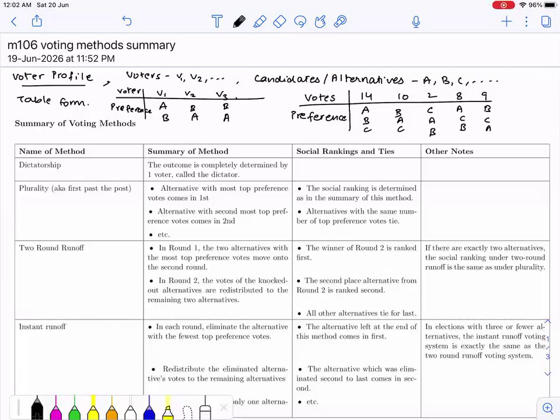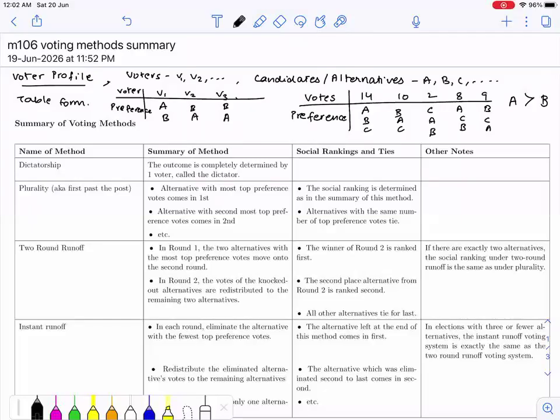We also like to order the alternatives or candidates in a rank. The rank would depend on the voting system that we use, but in general, we use this curvy greater than sign to show that if we say A greater than B, that means that A is ranked higher than B according to that voting system.